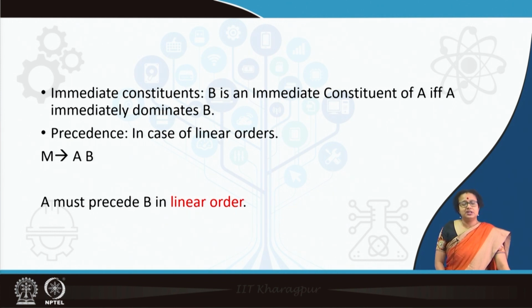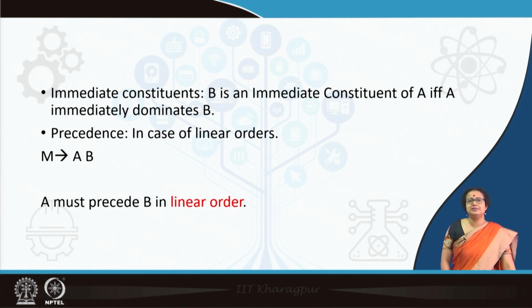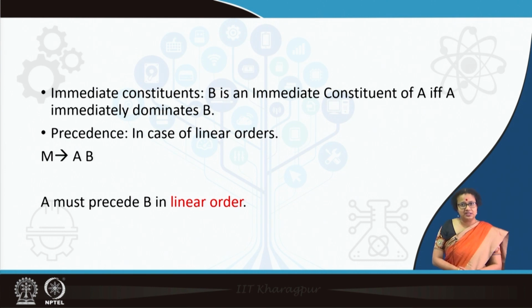So, for example, if you talk about this rule M goes to A and B, you are talking about a linear order, right. So, we are saying that A must precede B in linear order. So, precedence is in terms of linear order and dominance is in terms of hierarchical order. This is something that we have to remember.